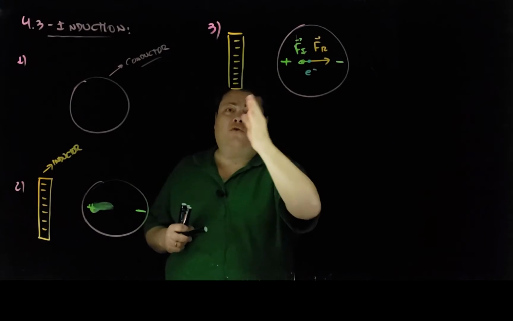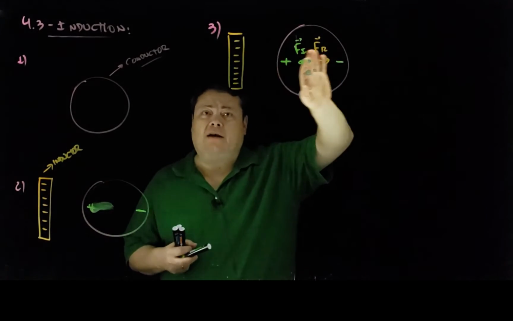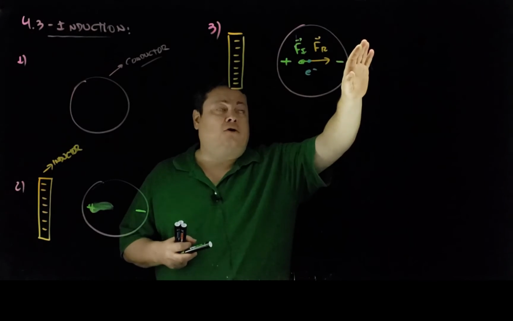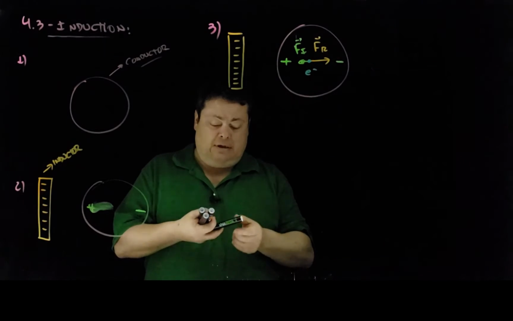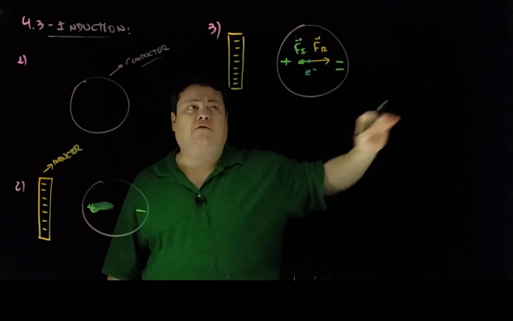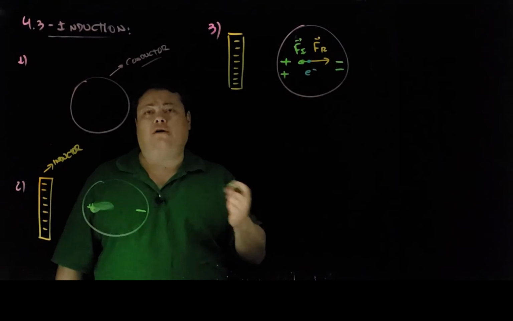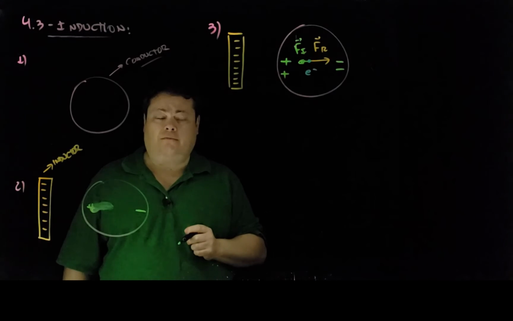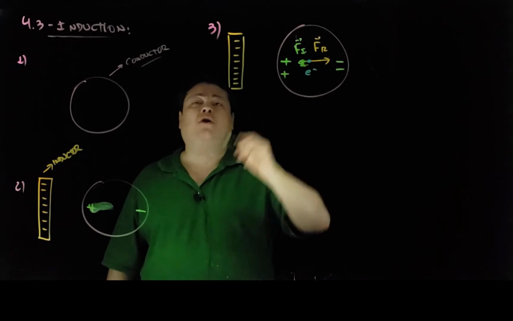And if the external force from the rod is bigger than the internal force, I'm going to have a flow of electrons to the right, or to the far end. And when this happens, I'm going to have another negative accumulation on the far end and another lack of charge on the near end of the inductee. And with this happening, I'm going to increase this internal force.